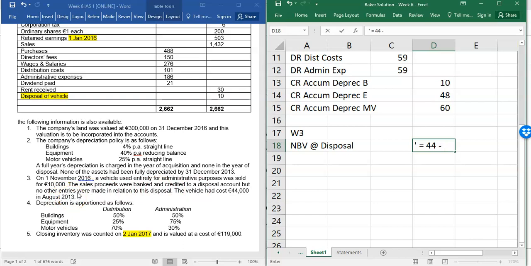So it's 3 years depreciation. And depreciation is a quarter a year, 25%. So you're charging 11,000. So it's 11 times 3. So your net book value there is 44 of cost minus 33, which is your accumulated depreciation. So your net book value is 11 and you sell for 10. So that is a loss on disposal. And that is going to be 1.